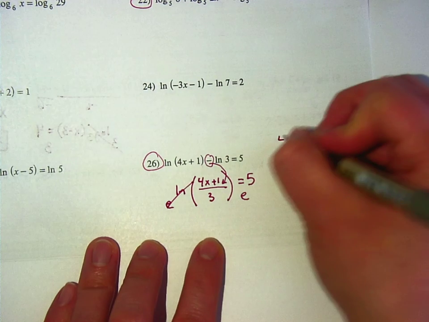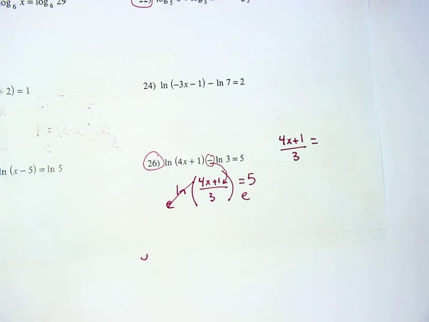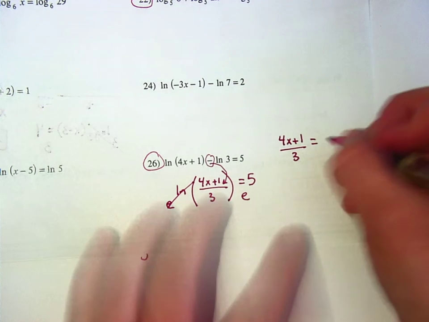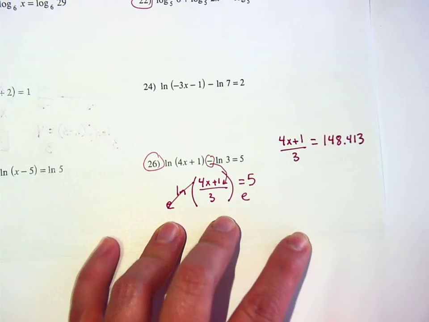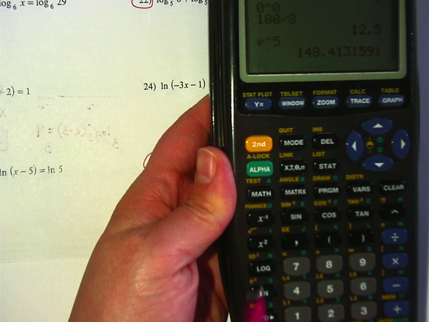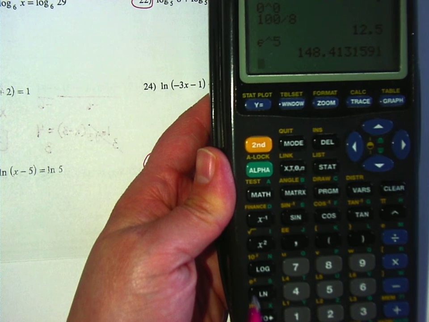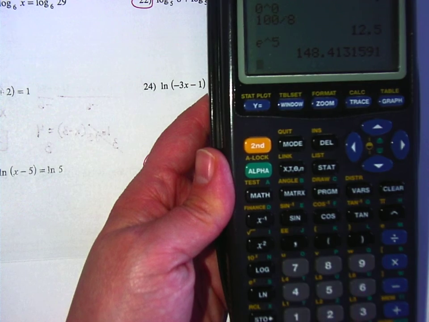Let's see, this is (4x plus 1) over 3 equals e to the 5th. 148.413. Would you use the E button? The E button is, if you look at natural log and you hit second, it's right above that, e to the x. Or it's also above the divided sign.